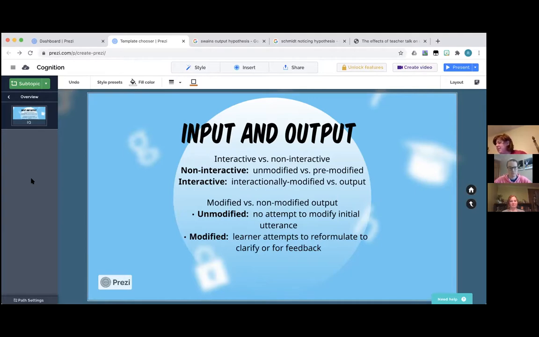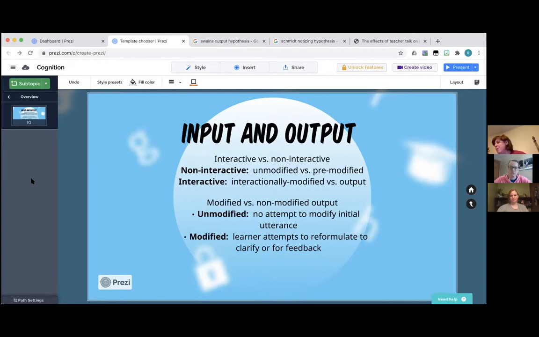And this is based on Krashen's theory about just having this input, just getting all kinds of input. The non-interactive input is modified versus unmodified, where unmodified is just a straight text where you get the text like for a native English speaker that would understand what is going on.